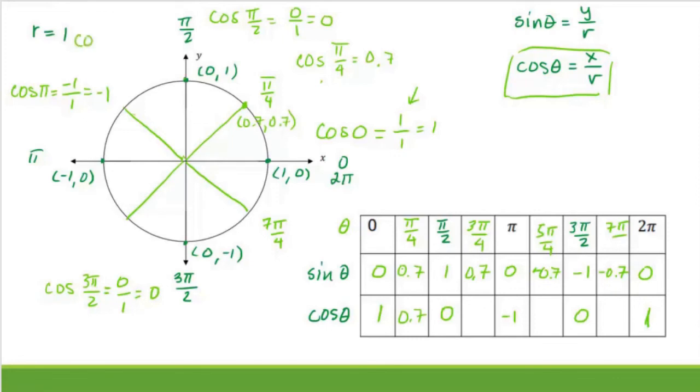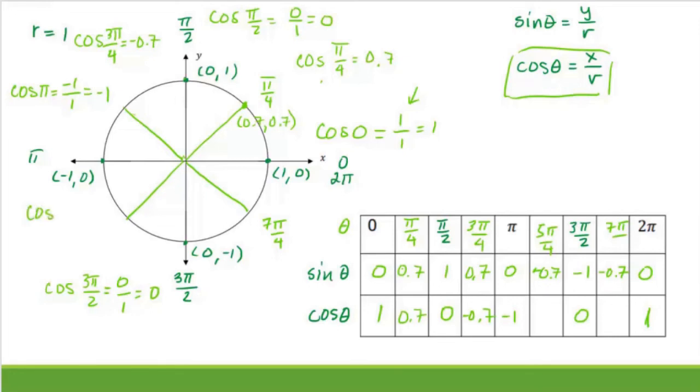The cosine of 3 pi over 4 is negative 0.7. There we start to differ from the sine of that angle. We're going from cosine of pi over 2 is 0 to cosine pi is negative 1, so it makes sense that we're passing through negative 0.7.